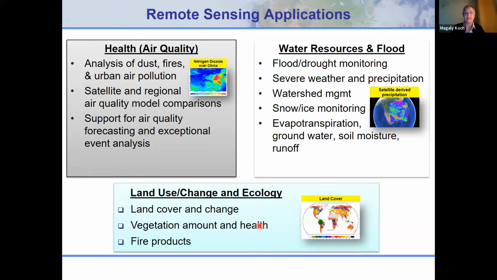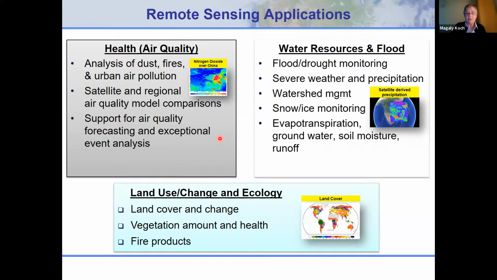But what I'm trying to convey is the message that it all starts with observing the Earth's surface from space and capturing an amount of radiation that is being emitted or reflected by the ground surface.